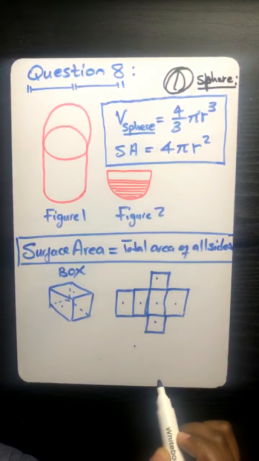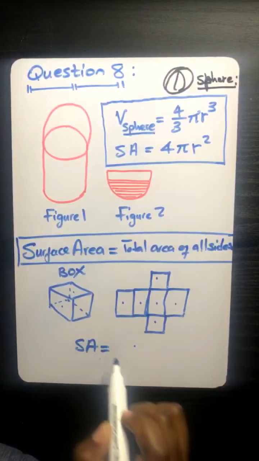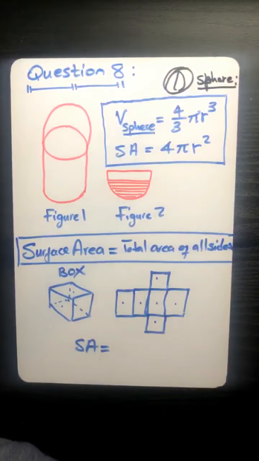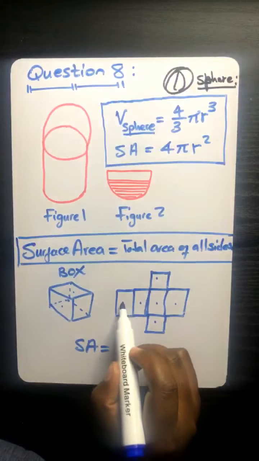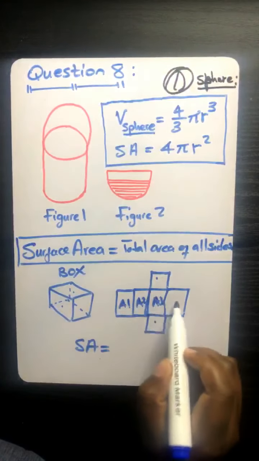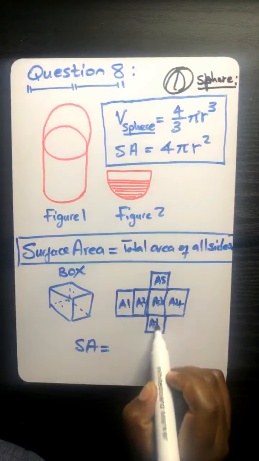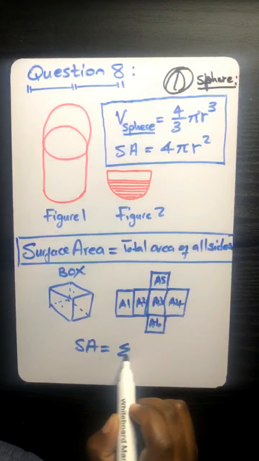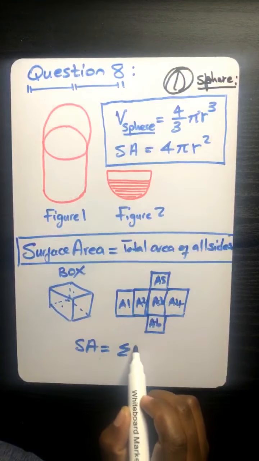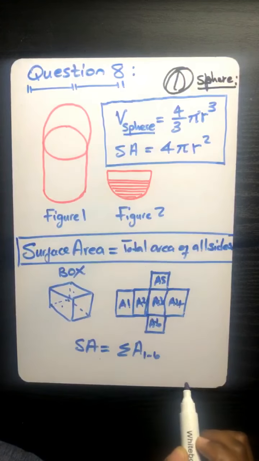When we talk about the total surface area, SA in short, that means you must calculate area 1, area 2, area 3, area 4, area 5, area 6. So it is the sum of all areas from area 1 up until area 6.